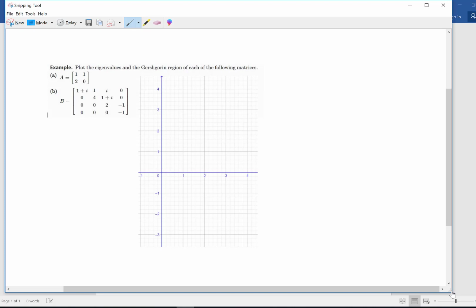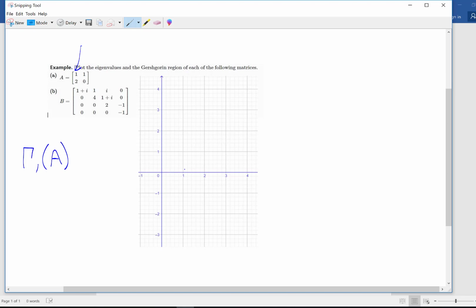So it asks me to plot the eigenvalues and the Gershgorin region of each of the following matrices. I'll start with matrix A. And so we're going to plot gamma 1 of A in blue. If I look at row 1, this 1 right here, that's the center.